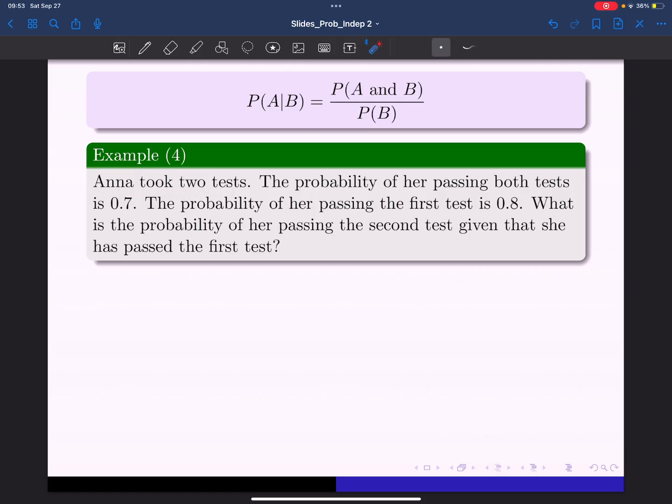Anna took 2 tests. The probability of her passing both tests is 0.7. The probability of her passing the first test is 0.8. What is the probability of her passing the second test given that she passed the first test? So the probability of passing test 1 and test 2, let's call them T1 and T2, both tests, is 0.7.